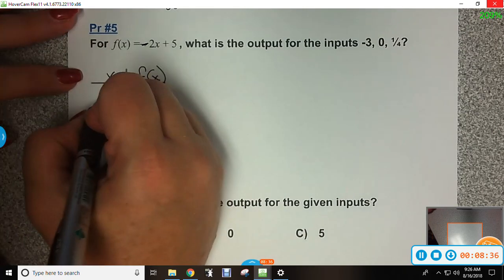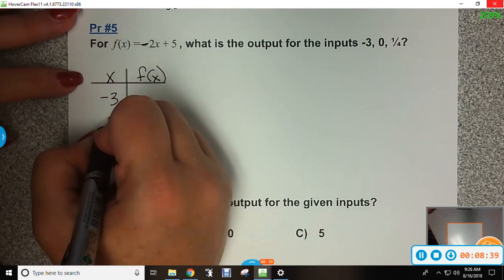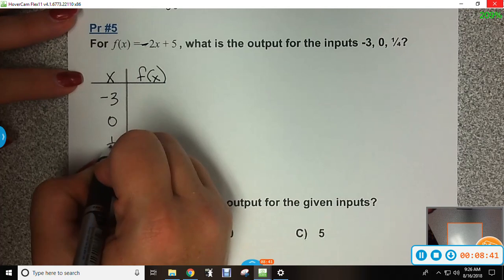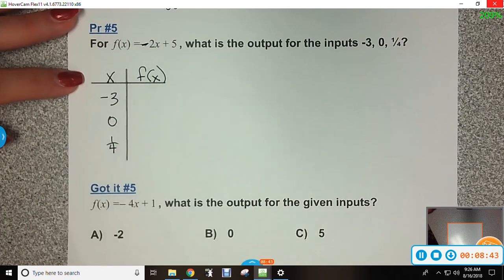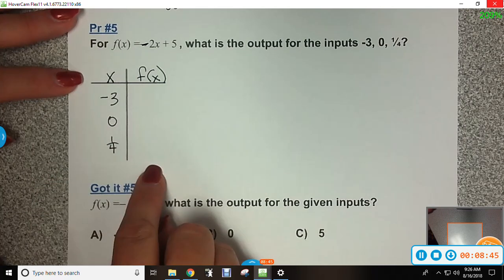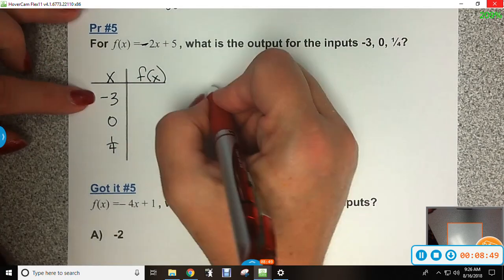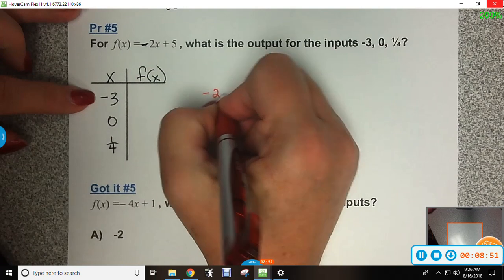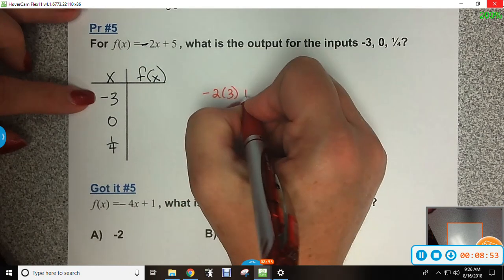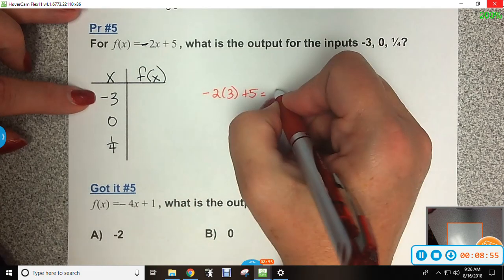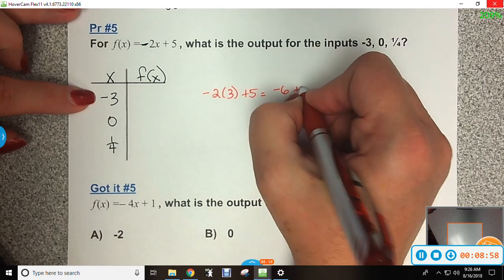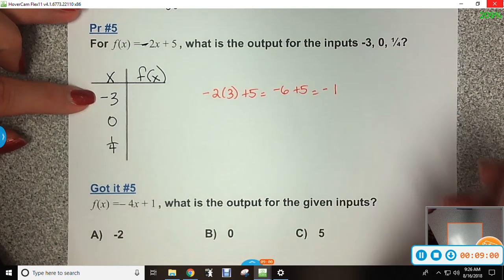So the numbers I'm going to plug in, these are my inputs, are these. And I'm going to solve for the output. So when I plug 3 in, that's negative 2 times 3 plus 5. That gives me negative 6 plus 5 is negative 1.